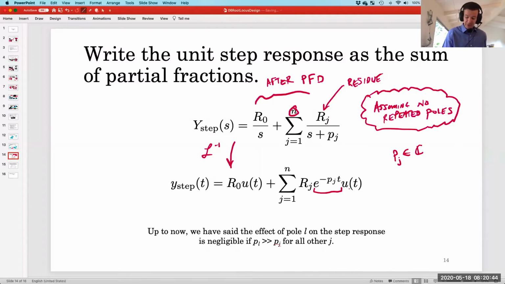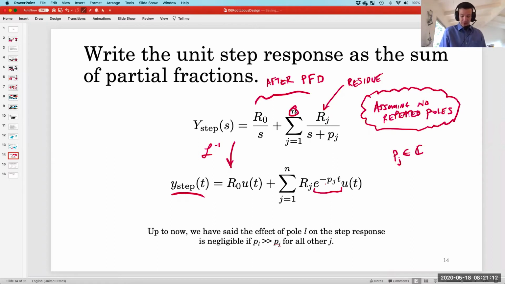This would turn into a real valued system, provided you could use Euler's formula to take these e to the complex things, and they would always appear in complex conjugates if the coefficients of your transfer function were real. So don't think that this is some crazy weird complex valued function. This is just a real valued step response with some complex things inside of it.